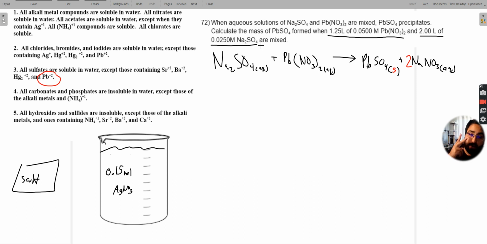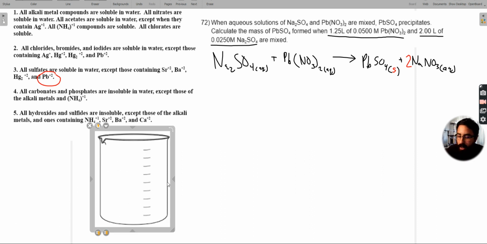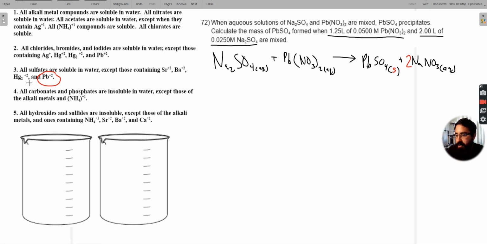So this problem gives you two pieces of information. That complicates our life just a little bit more. But you've done problems like this before. You've done labs like this before. Let's check them out. One of these is 1.25 liters of 0.500 molar lead nitrate.